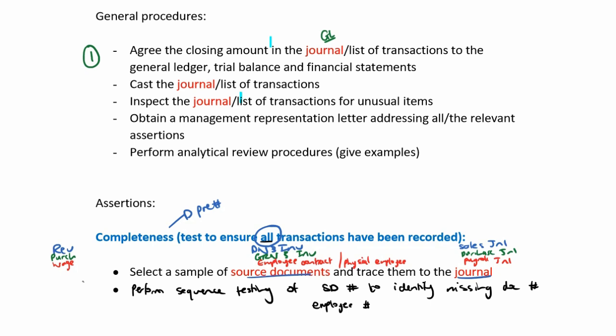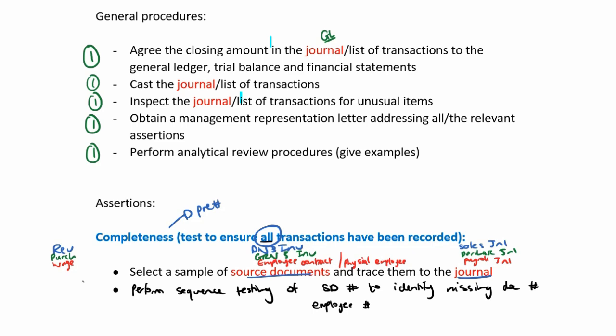So the closing amount in the journal to the trial balance. I'm going to have to cast. I'm going to have to inspect for unusual items. I'm going to have to get the management representation letter, and I'm going to have to do some analytical review procedures.